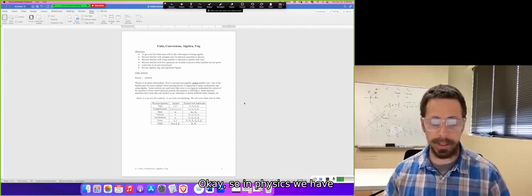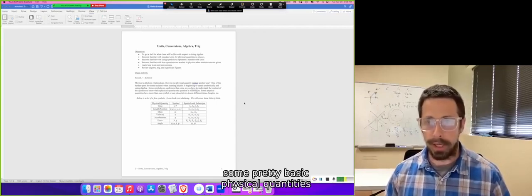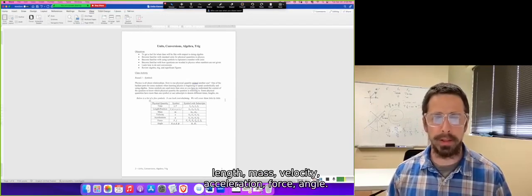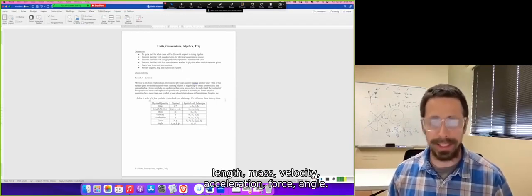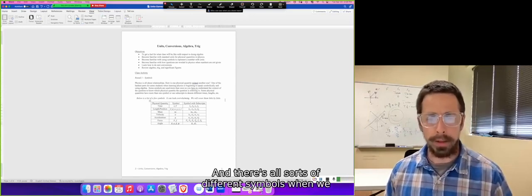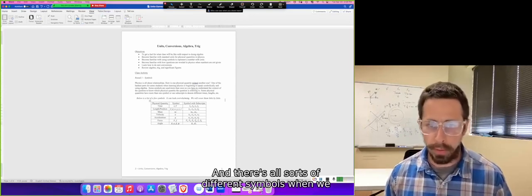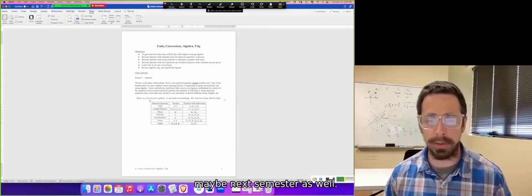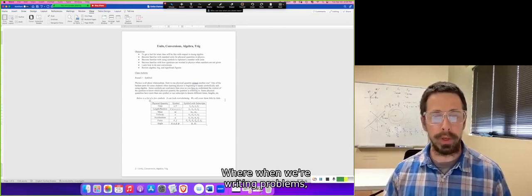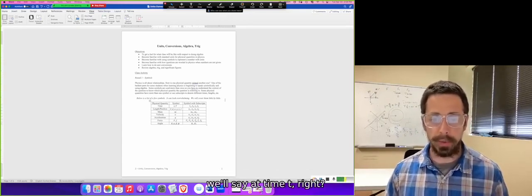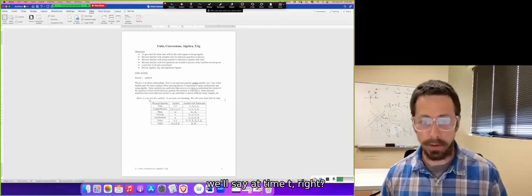Okay, so in physics, we have some pretty basic physical quantities we're all associated with: time, length, mass, velocity, acceleration, force, angle. And there's all sorts of different symbols when we go through this whole physics class, maybe next semester as well, where when we are writing problems, instead of saying time, we'll say at time t, right?